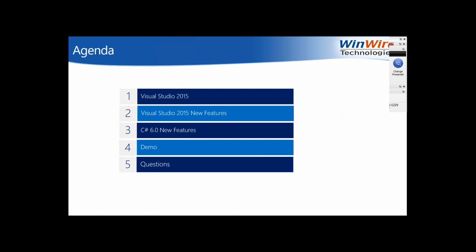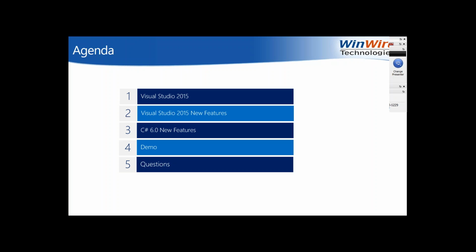Let's look at the agenda. First of all, I'll introduce you to Visual Studio 2015, what the different editions available are, and then we're going to talk about some new features that are available in 2015. Moving on, we'll see C#, the new features available in the latest version, 6.0.